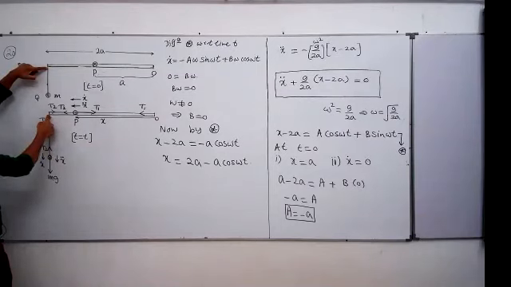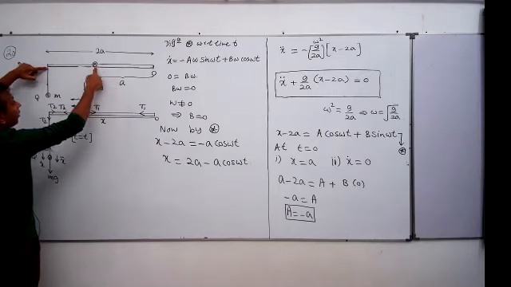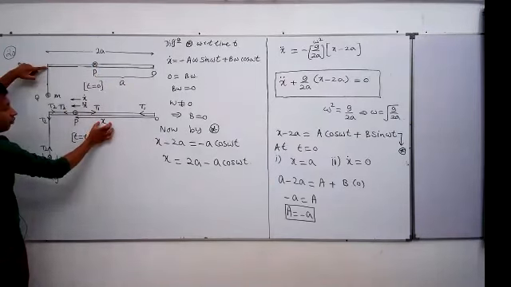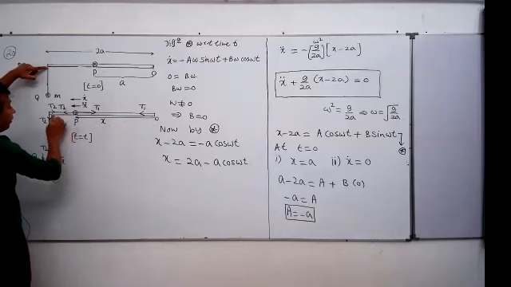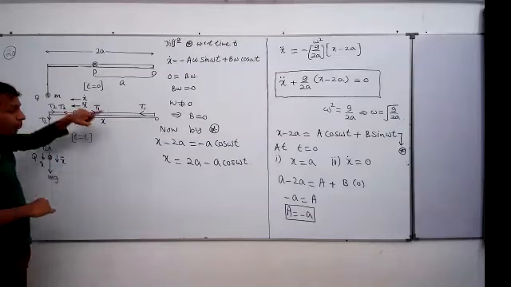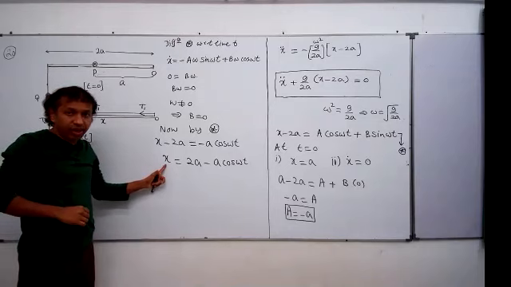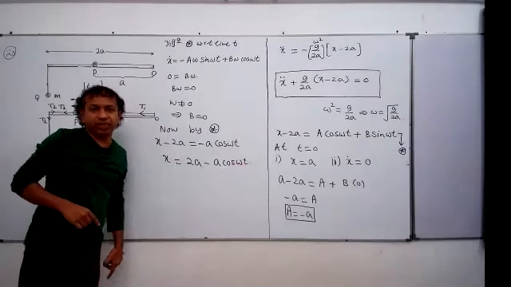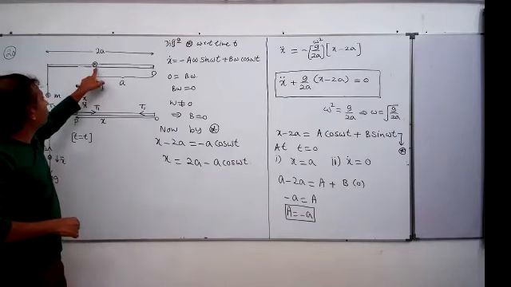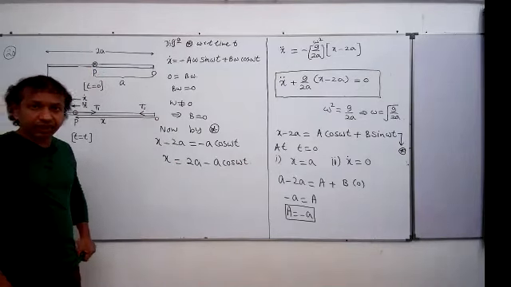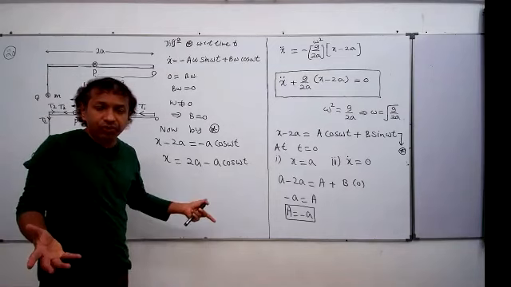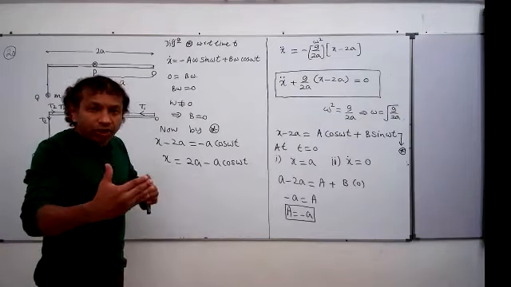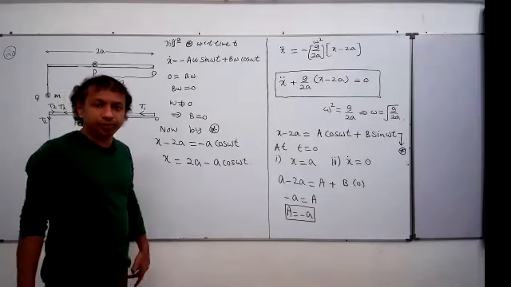This x value is measured from over there. Once you put x as 2a here and find the corresponding t, that is the time taken by the particle P to move to the edge. Therefore, we can use this equation to find the time for this particle to complete a particular journey.